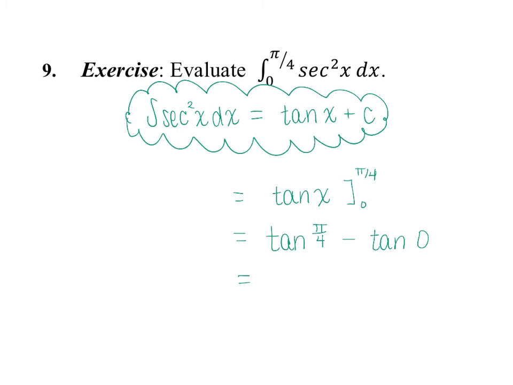You can use your unit circle or you can use your calculator for this. Tangent of pi over 4 is 1. Tangent of 0 is 0. So that means that our value here is 1. Okay? So using your integral rules, your integral formulas, you don't have to worry about remembering these. You can use your formula sheets and then you go from there.